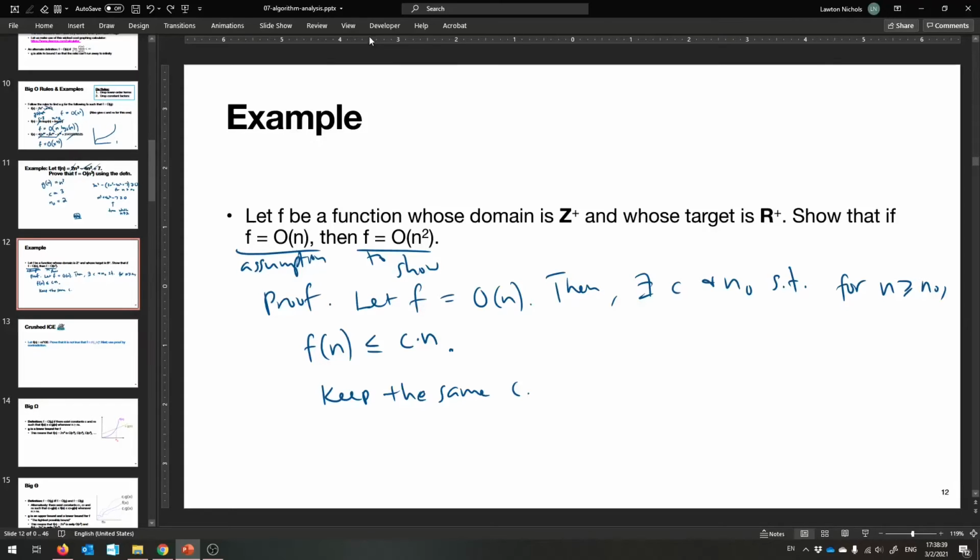So to prove the thing, we need to show that there is another n naught, an n naught prime or something, there exists that, such that f of n is less than or equal to c times n squared for all n greater than or equal to n naught prime.